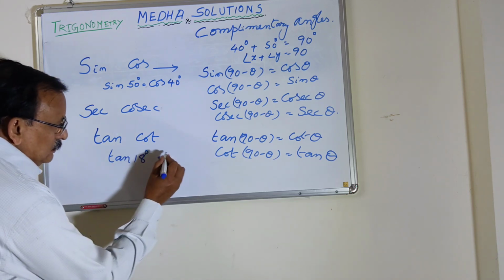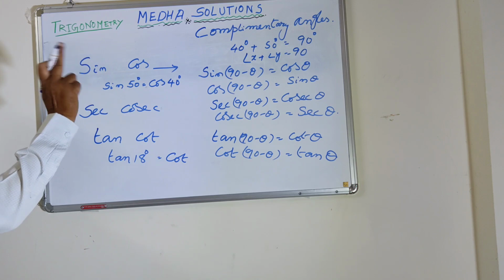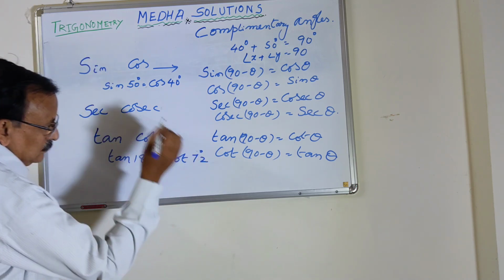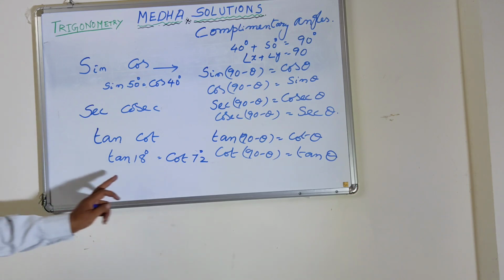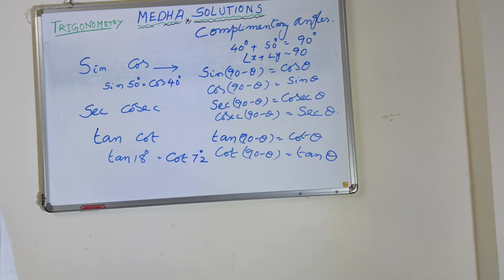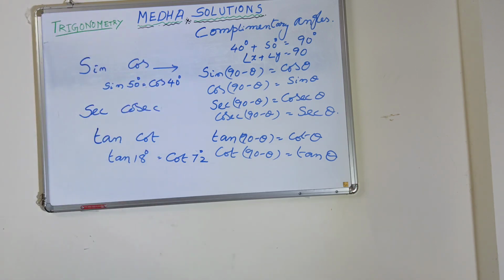So tan 18 is equal to cot of 90 minus 18, which is 72 degrees. Like this, tan 18 is converted into cot 72. These are complementary angles. Sin and cos are complementary, like sec and cosec, like tan and cot.